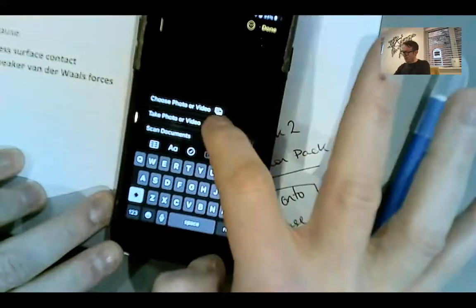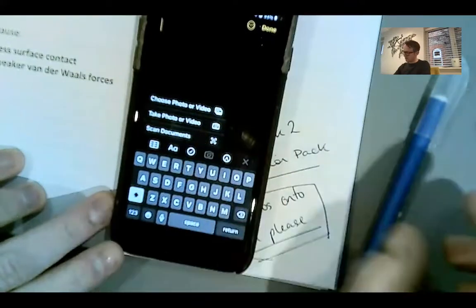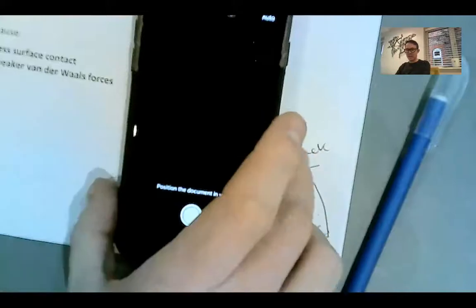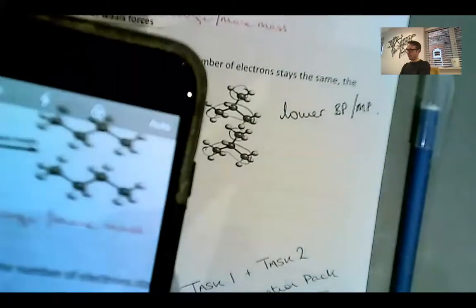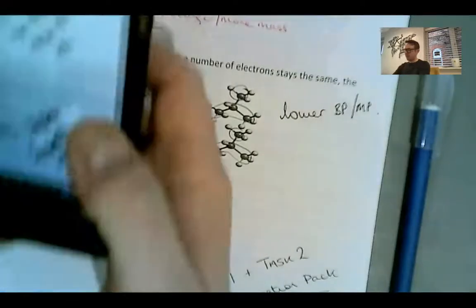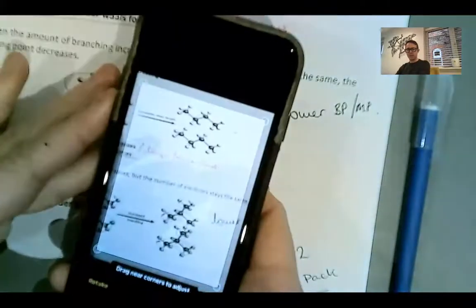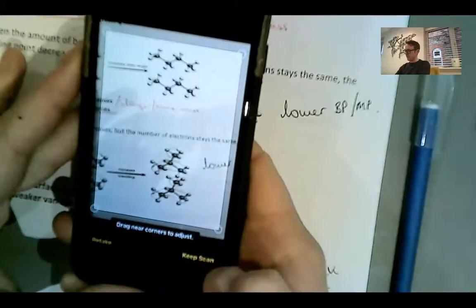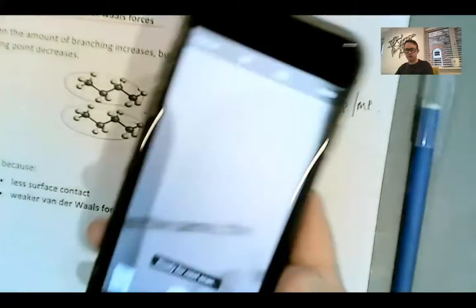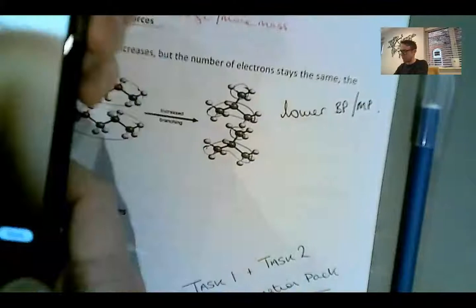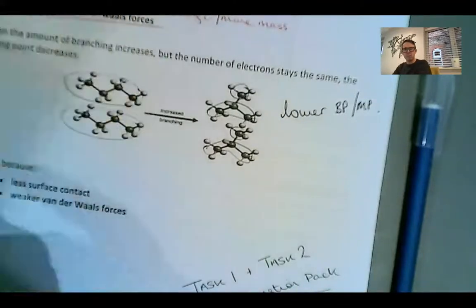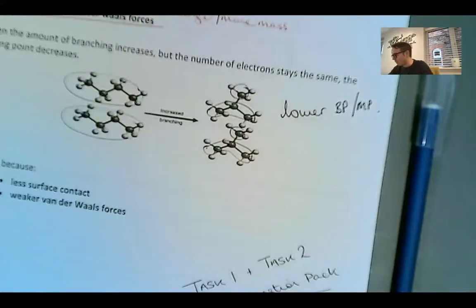You can take photos, but it also says scan document. If you go on scan document, you can take a photo of your work, and it turns it straight into a PDF. It will say keep scan, and you save that, and it means you can upload it, save it on your phone, and it uses up a lot less data and a lot less storage, and it's easy to manage. So some of you might want to use that little trick if you are looking at uploading your work.